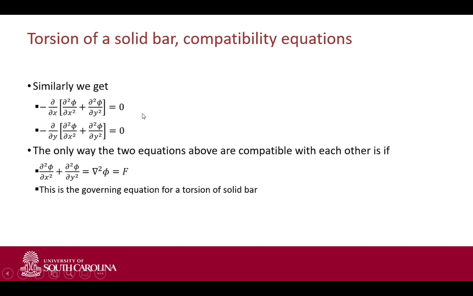If we simplify this, similar to our biharmonic equation, we get a compatibility equation that phi must satisfy in order for the form of phi to be a valid solution to our stress equation.